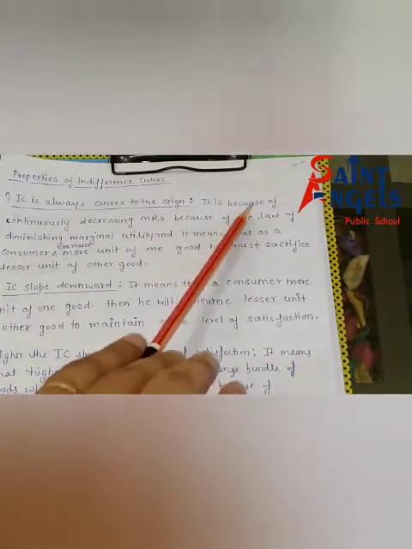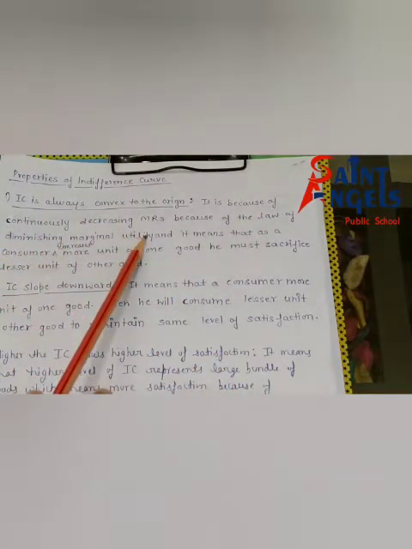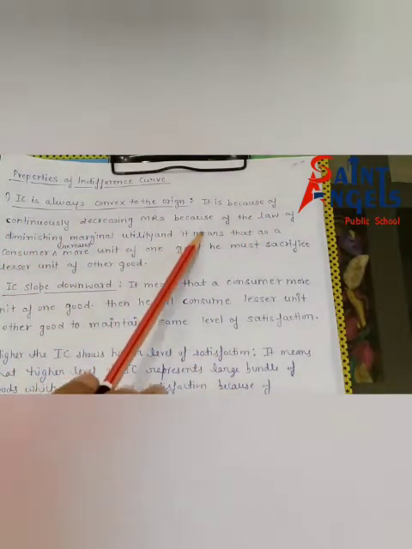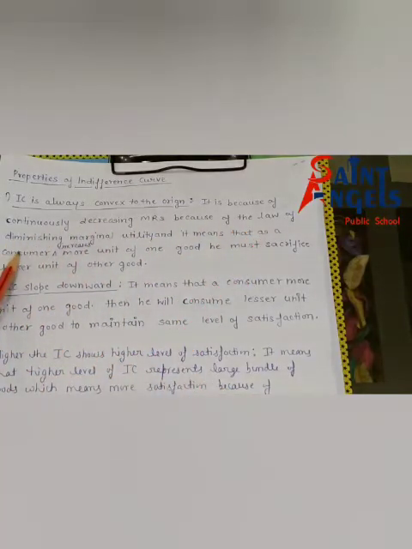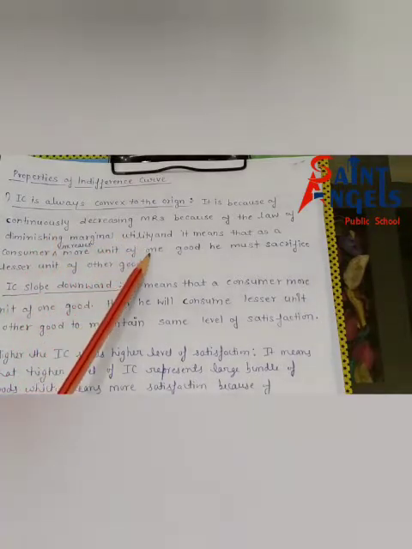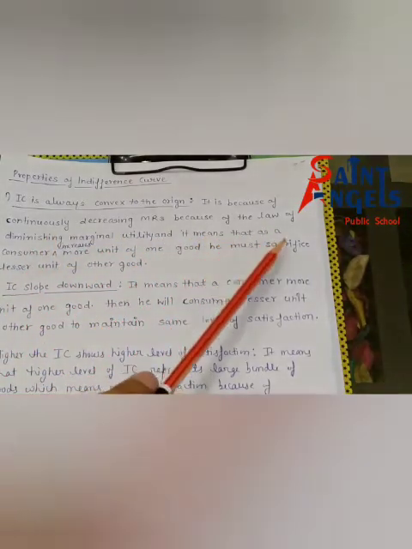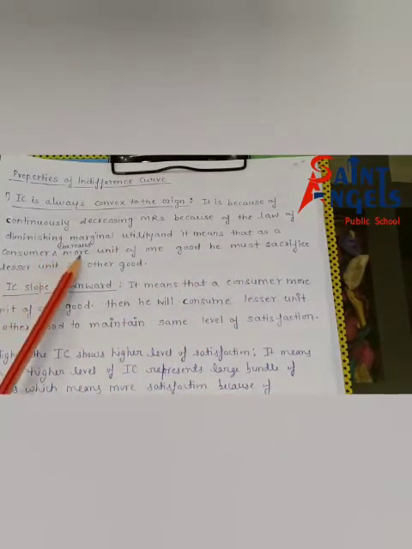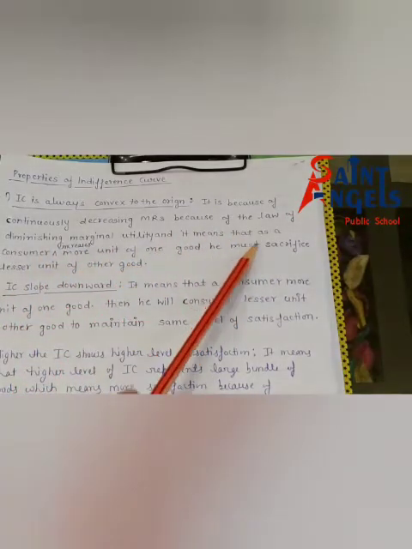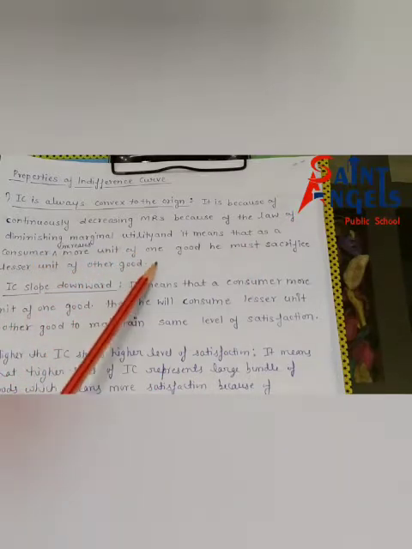It is because of the law of diminishing marginal utility. What does it mean? It means that as a consumer consumes more units of one good, he must sacrifice fewer units of the other good, because marginal utility goes on decreasing.